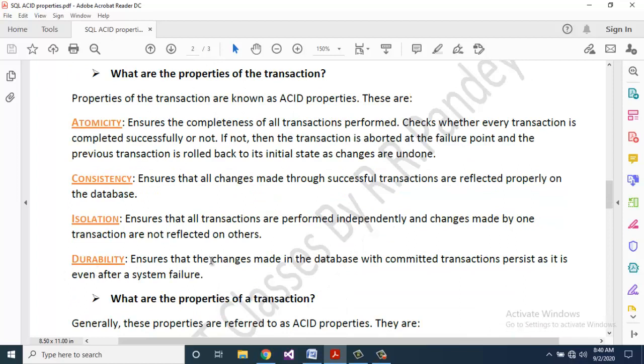Durability ensures that the changes made in the database with committed transactions persist as it is even after a system failure.